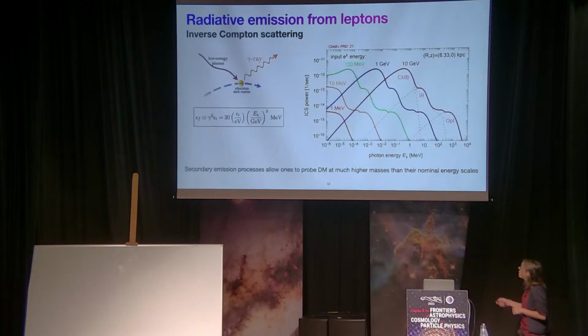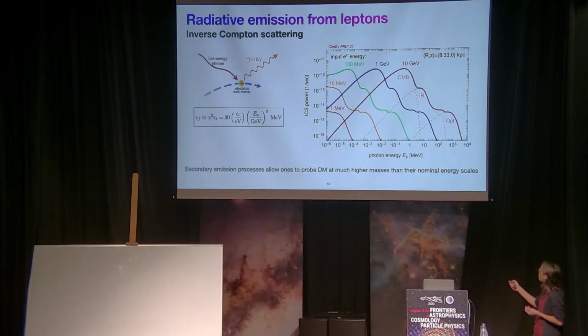So as you can also notice, for the inverse Compton, this gives you a bit more leverage on the dark matter masses that you can probe, because in general, when you have inverse Compton emission, so this is the inverse Compton power as a function of gamma ray energy, you can probe masses that are slightly higher than the nominal center of mass energy.